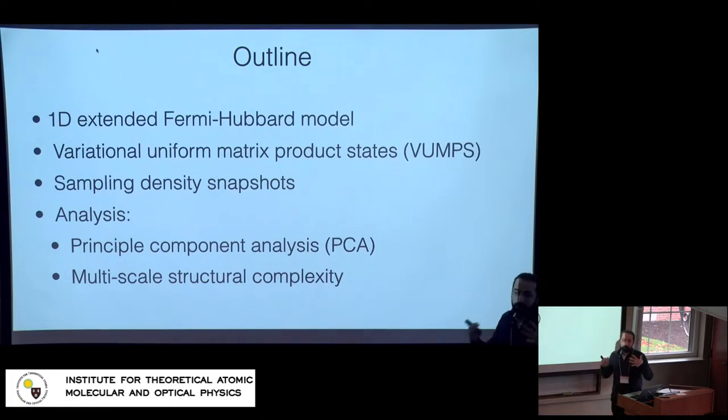We want to emulate these snapshots that come from the quantum gas microscope, so I'll tell you a little bit about sampling the matrix product state to get those emulated snapshots, and then I analyze them using two different methods. PCA, you might be familiar with already, but the other is a relatively new measure, which is going to be the focus of the second half.